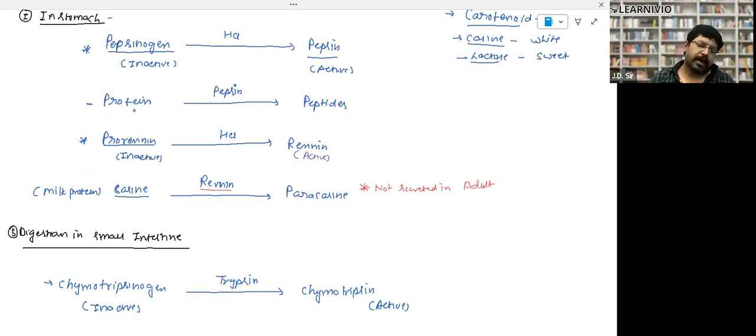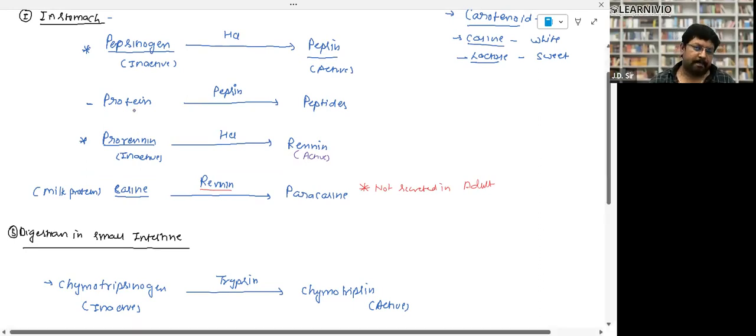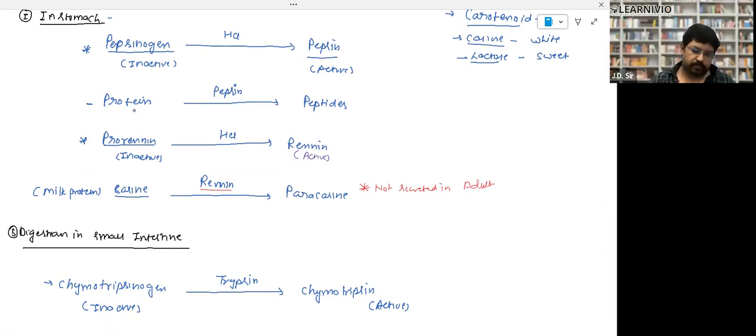Renin is the enzyme which is not secreted in adults, full stop.